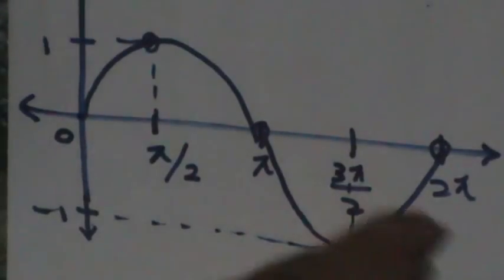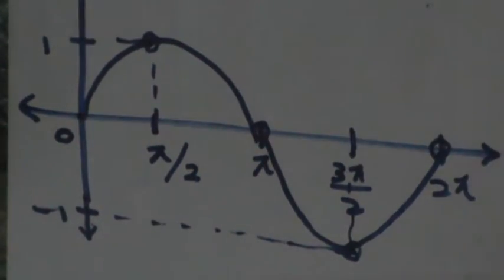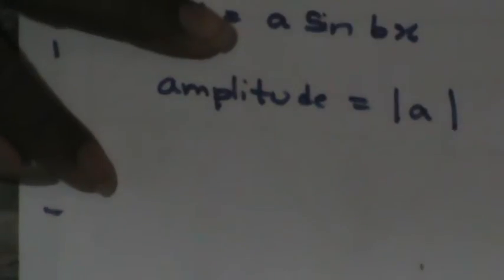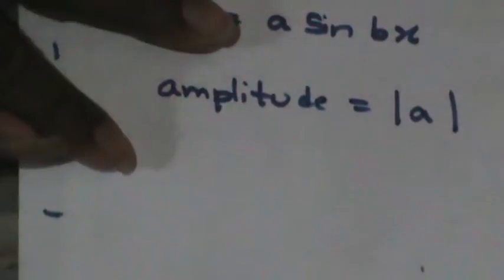That means the maximum displacement from the mean axis. So amplitude equals absolute a. And the period is said to be equal to 2 pi by b.